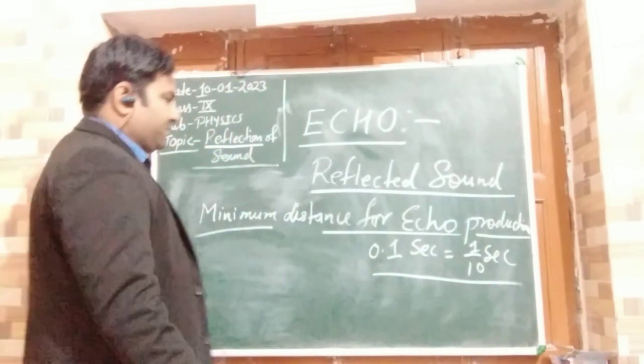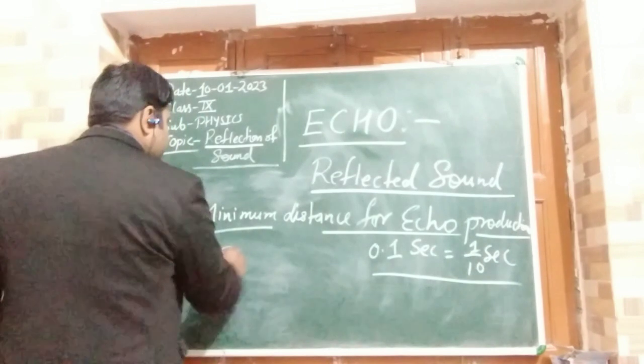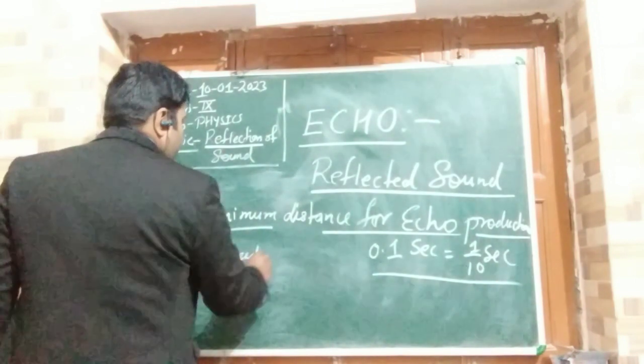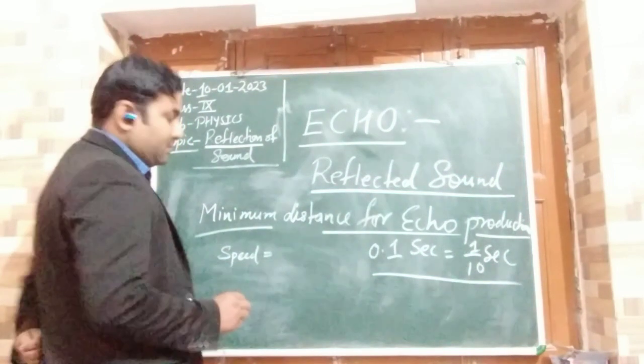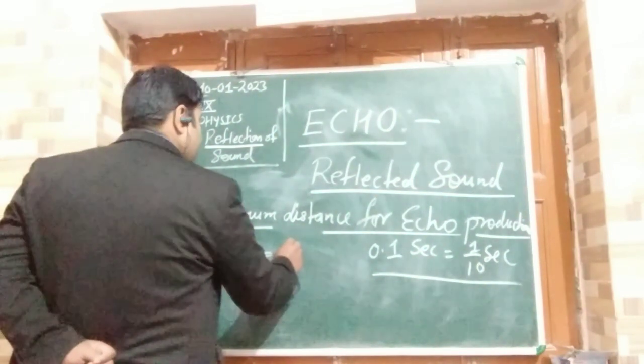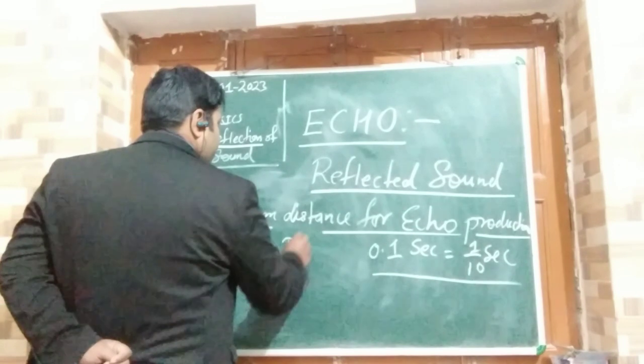Clear? So for the calculation, just take the speed of sound, which you know very well. The formula: speed is equal to what? Distance upon time.